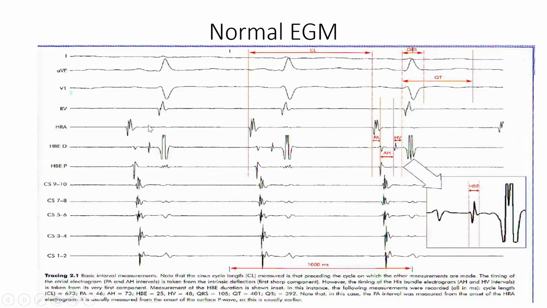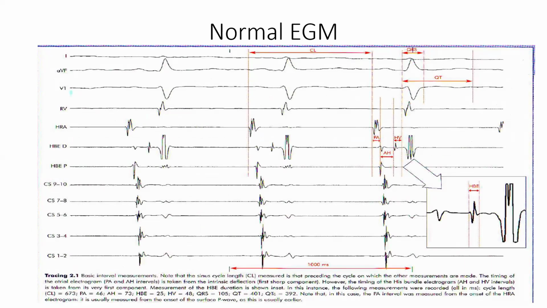I want you to see the normal EGM, right? Remember the catheter is in the right atrium, right? And the CS catheter ends at the lateral wall of the left atrium, right? Yes, sir. So our first question should be, who should recognize atrial activity first? Right atrium or the lateral wall of the left atrium?